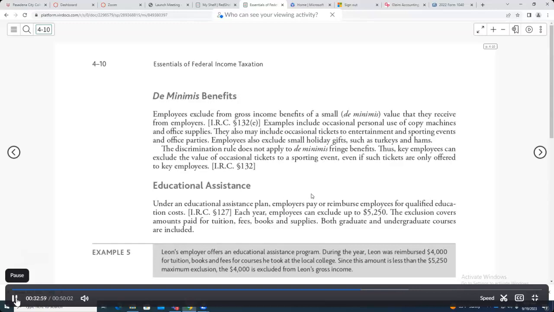So if your employer gives you, let's say, $5,000, and then you spend $8,000 for dependent care, you have only $3,000 dependent care expense because you already got $5,000 from your employer. Now you put that $3,000 in the dependent care expense credit, and you get a percentage of that as a non-refundable credit, which we learned already.